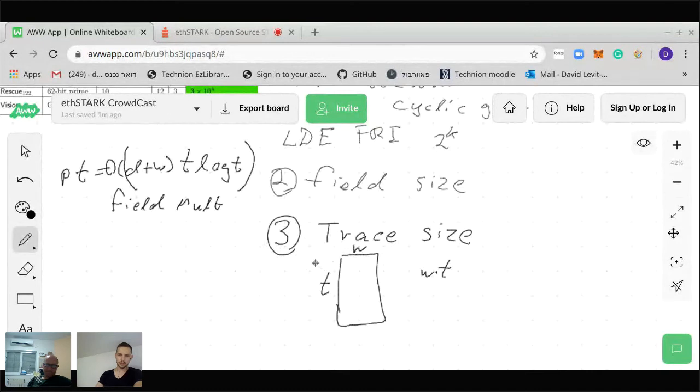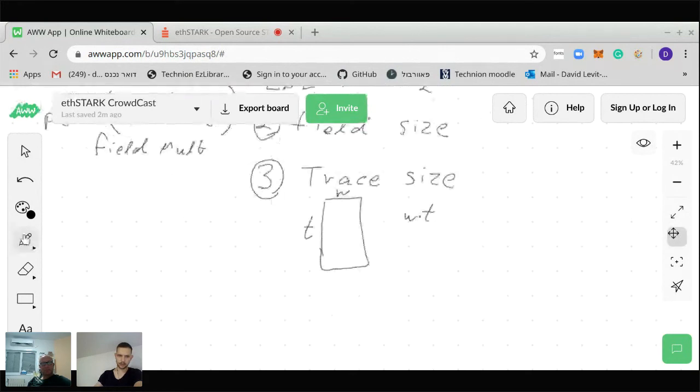Although we still have this trade-off between prover and verifier in both functions. So what is D? D is the last interesting consideration, except for the CPU efficiency, which we are going to talk about later, if we have time. So D is the degree, okay?